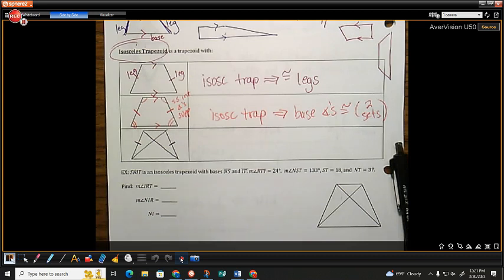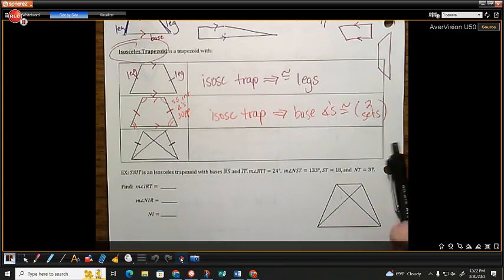And so what's true about the triangles? They're congruent by side angle side. Which means, what's true about congruent triangles? All their parts are congruent, including these, which are diagonals.